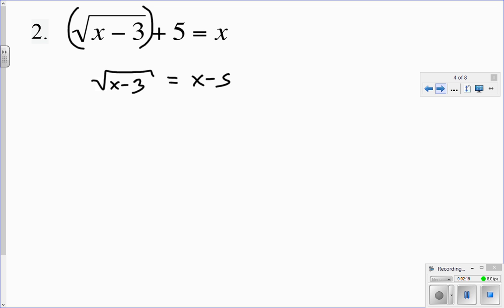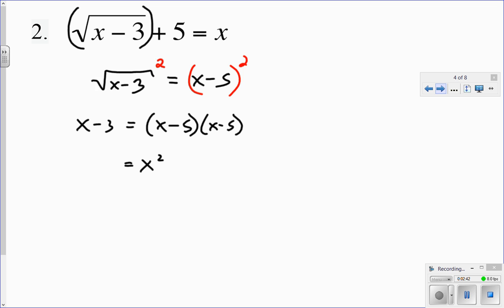Now that it's isolated, again, square this side and think of it as a whole quantity, so I have to square an entire piece. So doing so, this is just going to leave as x minus 3 here. On this side, I have to double distribute and treat it as x minus 5 times x minus 5. As I double distribute that, I'm going to get x squared, minus 5x, minus 10x, then plus 25 is equal to x minus 3.